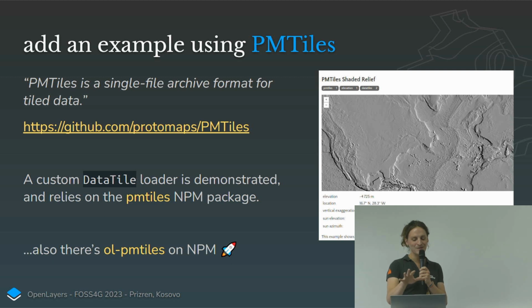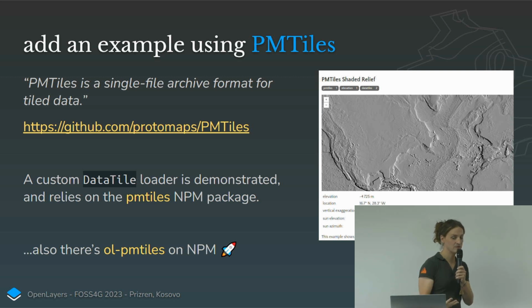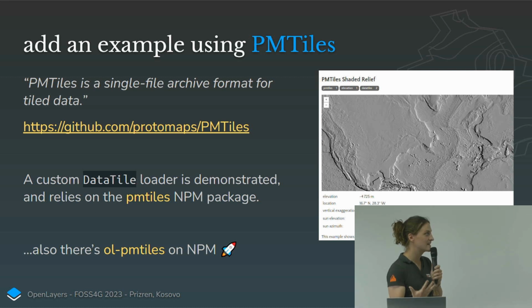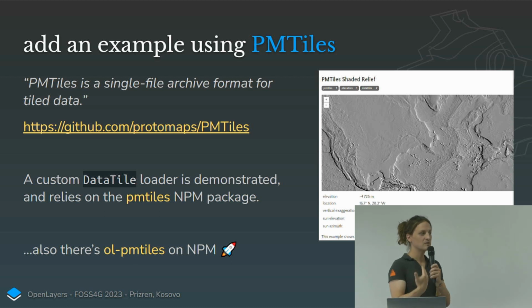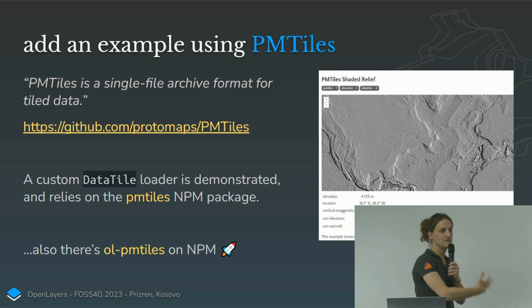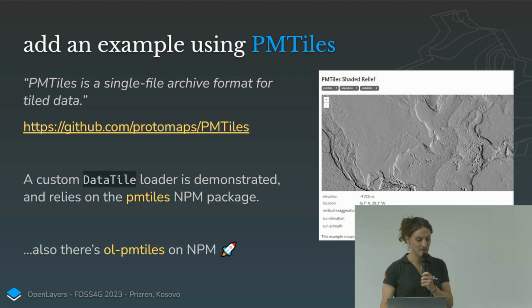The PMTiles project is hosted on GitHub, and basically the example is just registering a custom data loader that uses the PMTiles system and then produces data tiles, and then the rest is just the common OpenLayers stuff. You use the data type and render it, for example, for elevation data. So it shows that just with a custom loader, you can integrate with many different kinds of formats. And there's an OL-PMTiles package on NPM, which should make your life even easier.